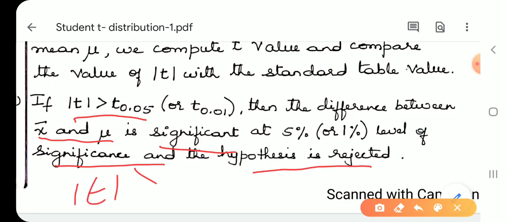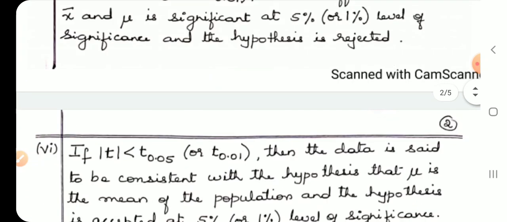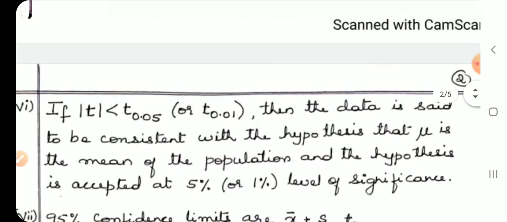So if mod of t is greater than the table value, we reject the hypothesis. That means first in all the problems we have to first formulate the hypothesis.